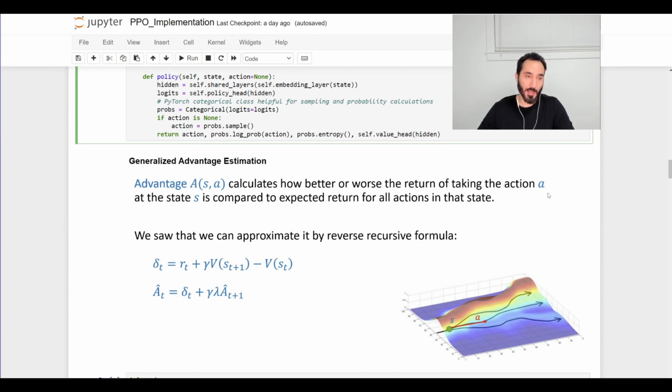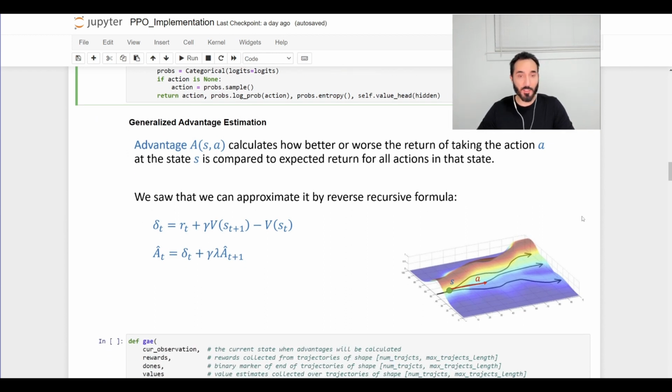Okay, next. The next thing that we studied is generalized advantage estimation. Just a reminder of what the advantage is. Advantage calculates how much better or worse the return of taking the action A at this state is compared to the expected return of all the actions in that state. Essentially, let's say that you are at the state S and you have different options for the action.